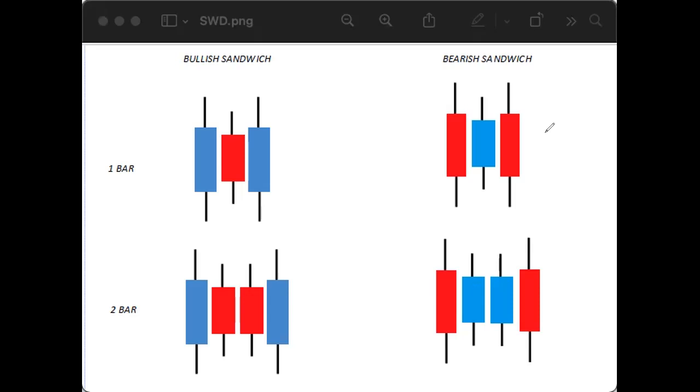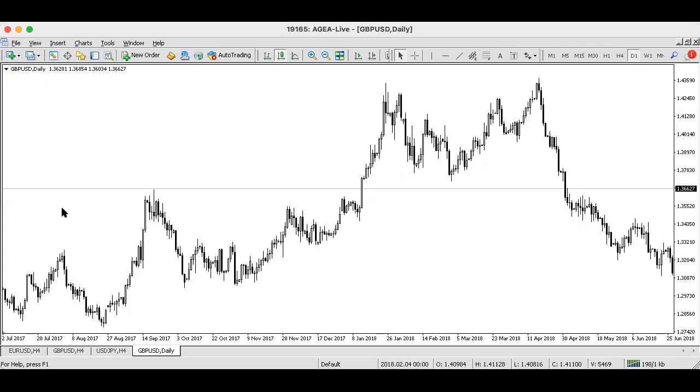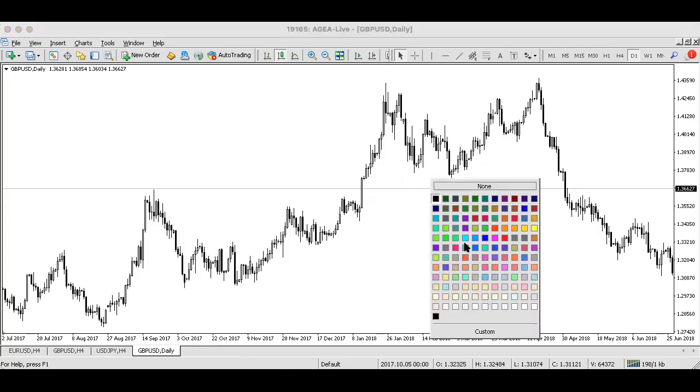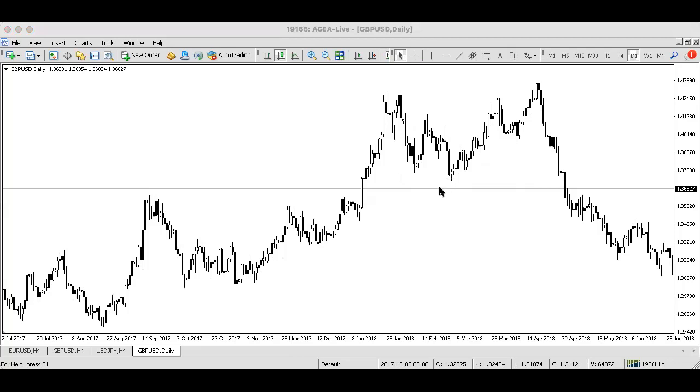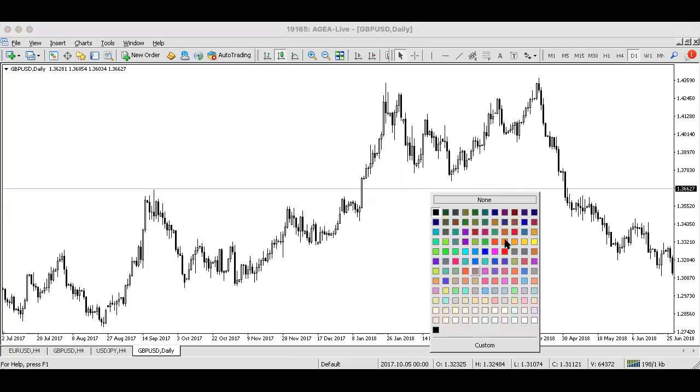I want to go back to the chart if you're okay with this picture. Yes, I am. Okay. Let me color code this very well so that we can all see the bullish candles and the bearish candles.